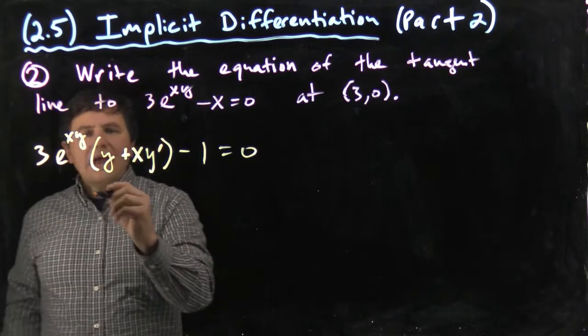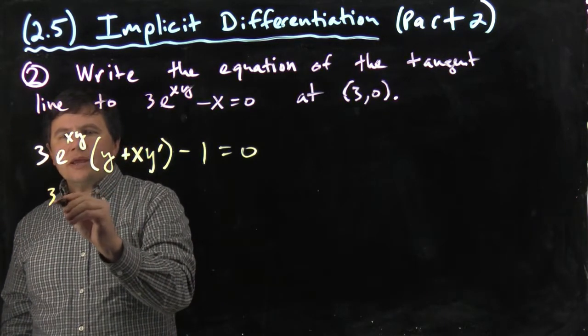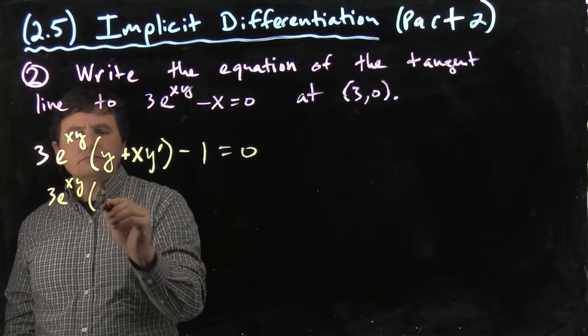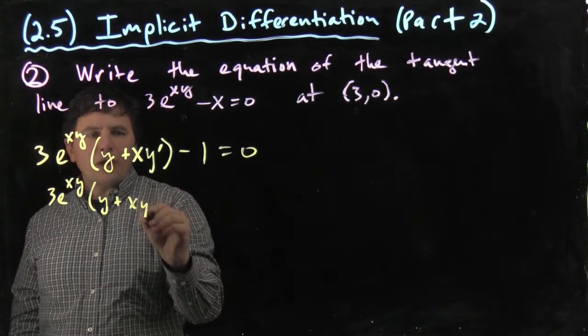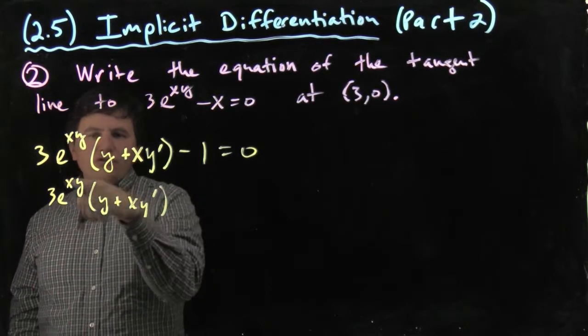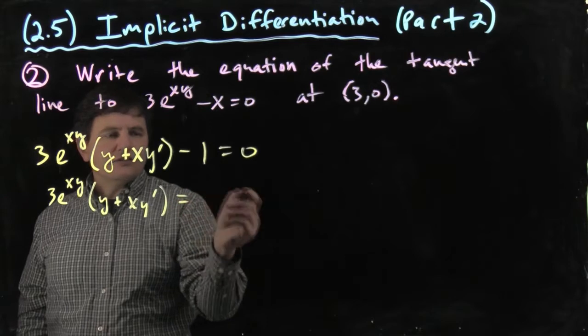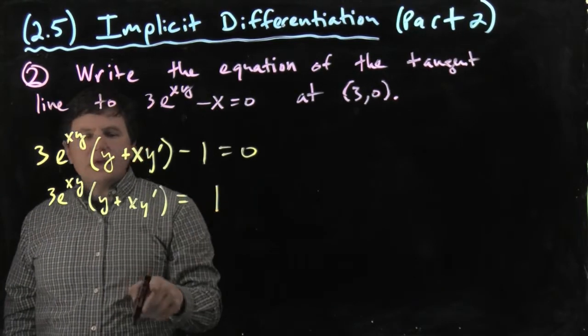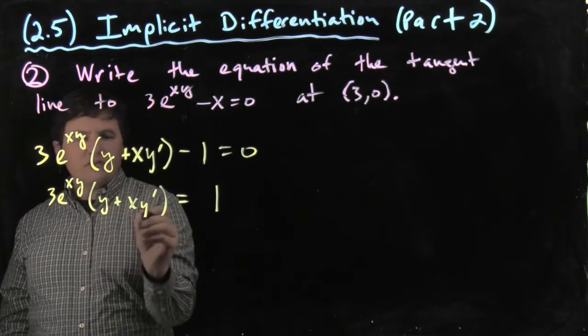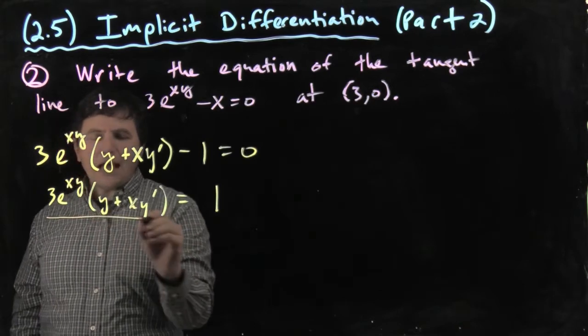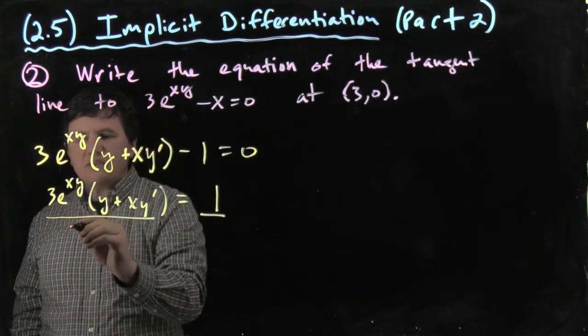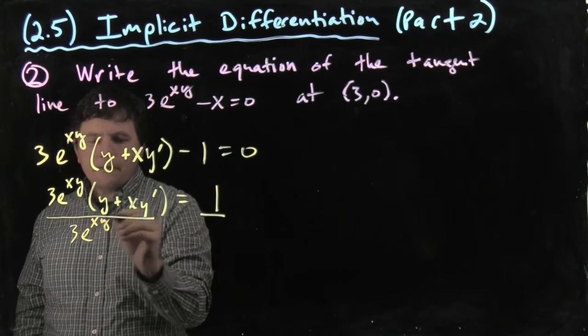Okay, so now this is going to be 3e to the xy, y plus xy prime. And I'm not going to go distributing or anything here. I'm going to add this 1 to the other side. And then instead of distributing this, because ultimately I just want to get at that y prime, I'm going to divide both sides by the 3e to the xy.